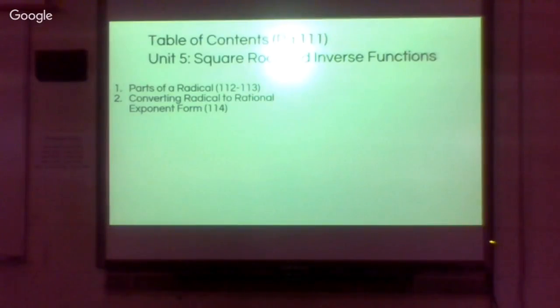And on page 114, I'm going to show you how to convert between radical form and rational exponent form. Again, if you've not done so already, this page moves in on 111.